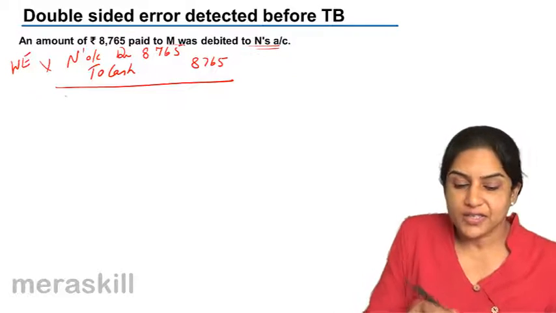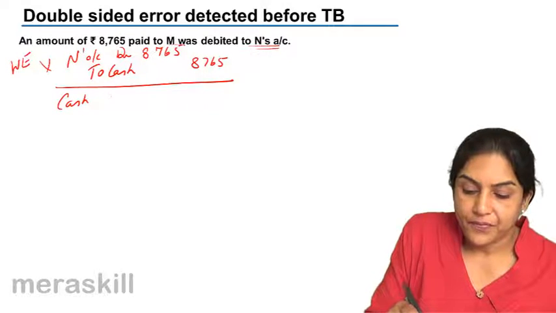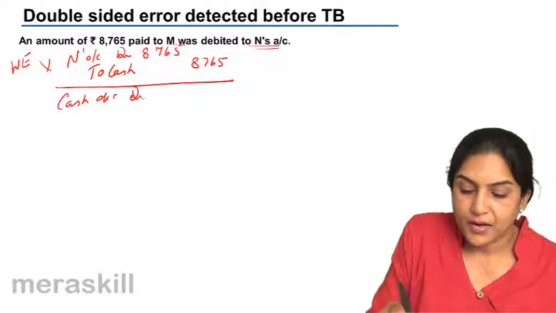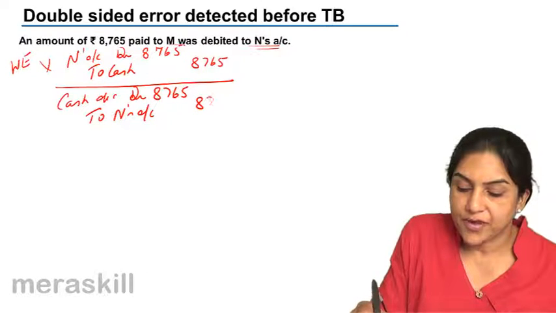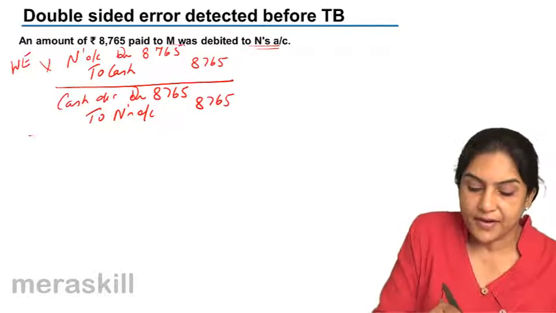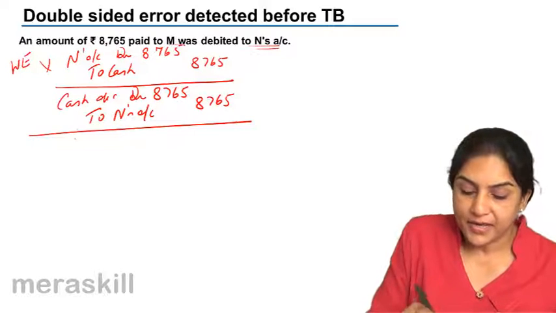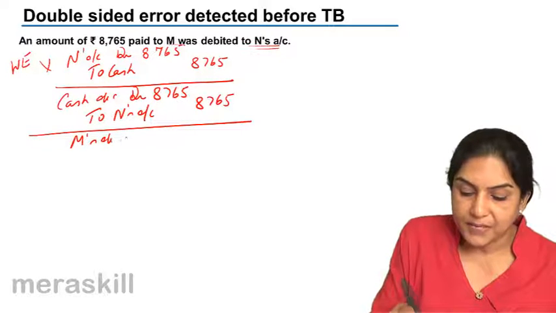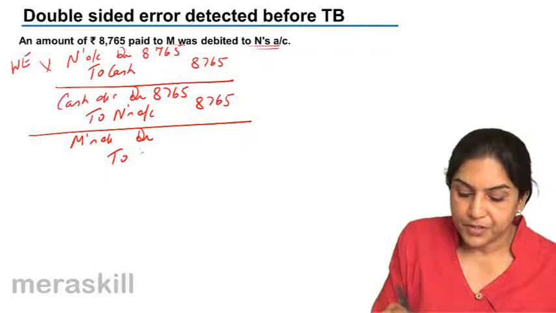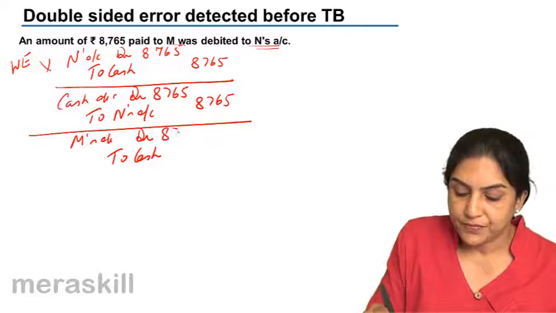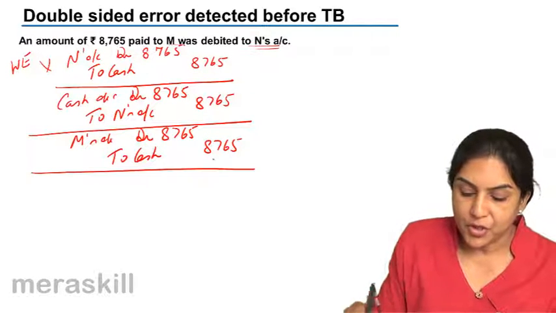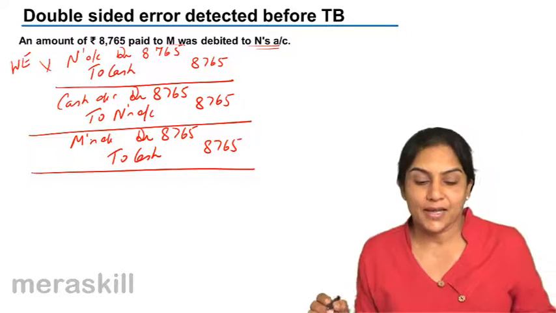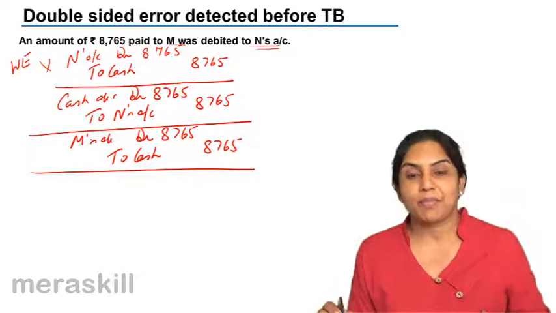We'll just reverse this entry (8765). Just reversed the entry and passed the correct entry. It should have been M's account debit to cash. I repeat, this is a slightly longer way of doing it. If the logic is clear, we can pass it directly. We don't have to do this. We can pass straight away.